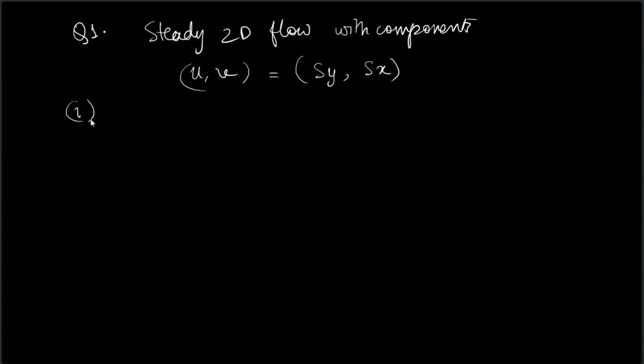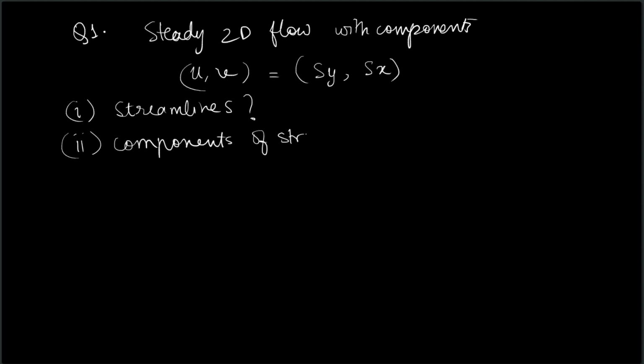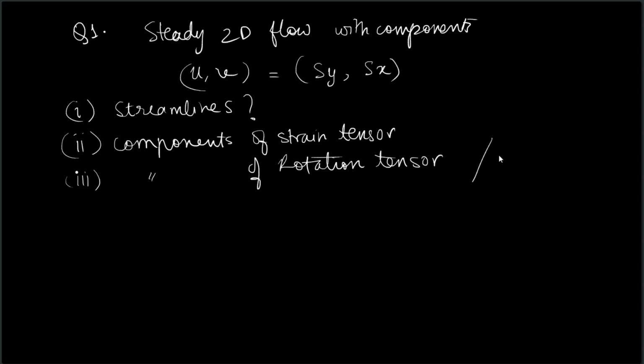The first question is, what are the equations of the streamlines? Second question is, components of the strain tensor. And the third question is, components of rotation tensor. And alternately, what is the vorticity?